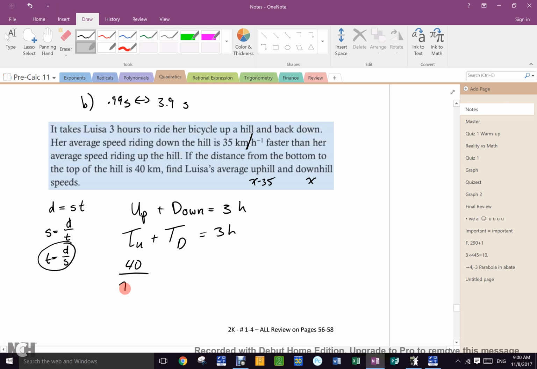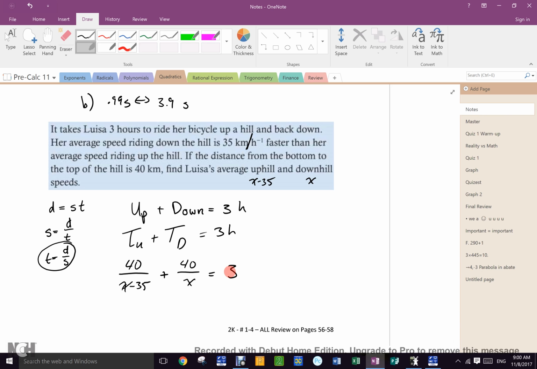X minus 35. Plus, what's her distance down the hill? 40. What's her speed down the hill? X. And that all has to equal 3, doesn't it? Everybody cool?